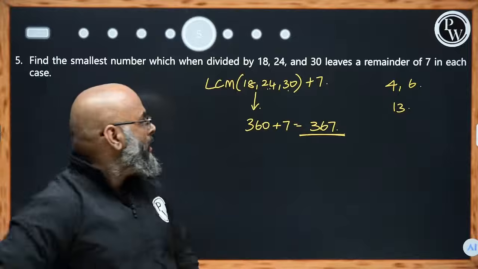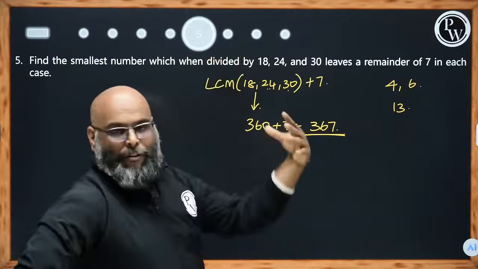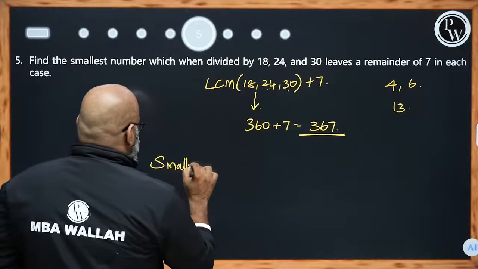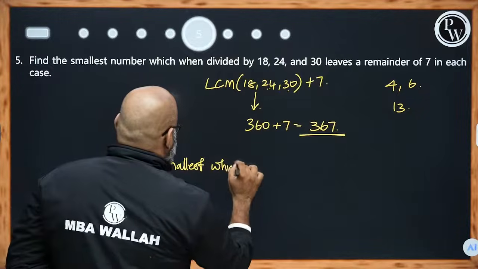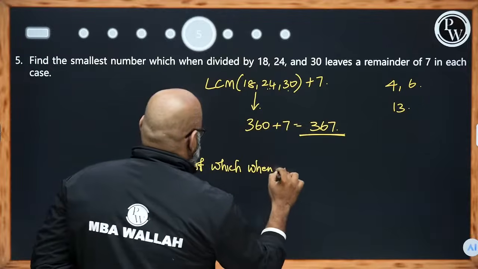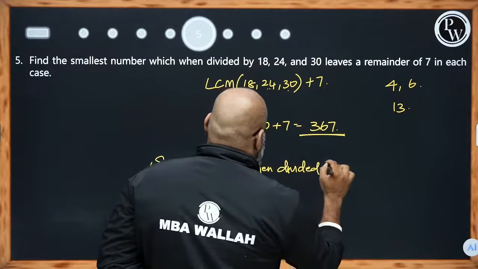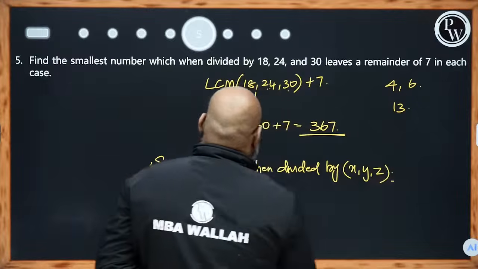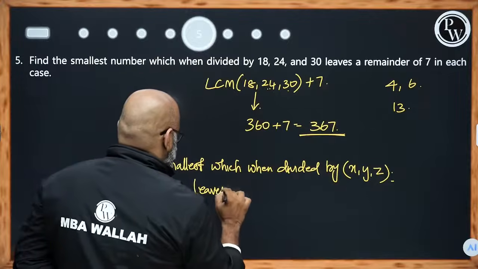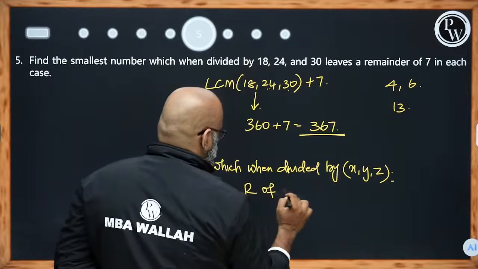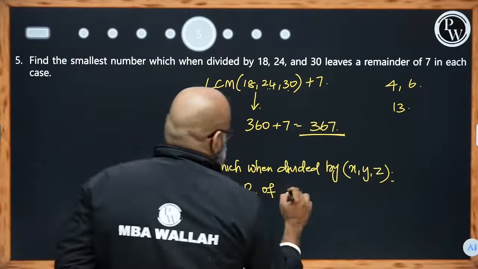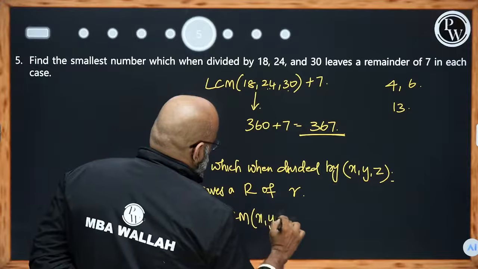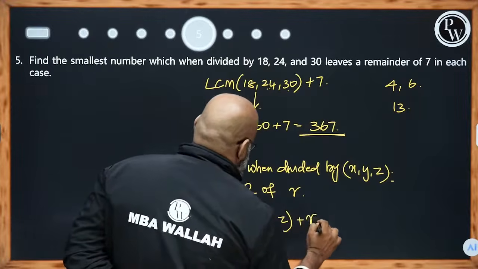Yes, great. Now once again, if you want me to write it down: the smallest number which when divided by x, y, z leaves a remainder of, let's say, small r, is the LCM of x, y, z plus r.